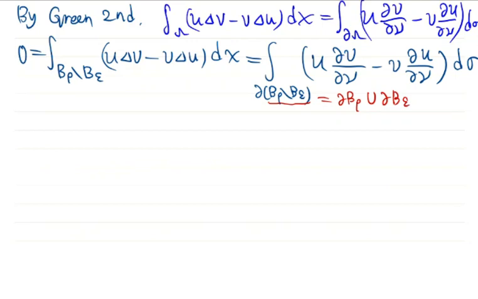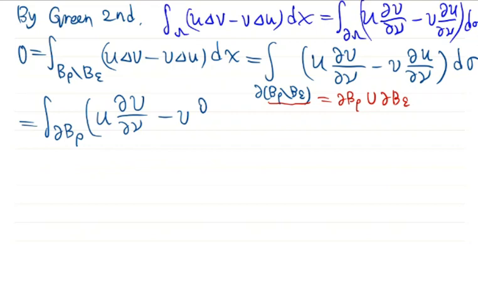So this surface integral can be divided into two integrals: the surface integral over the sphere of radius rho, plus the surface integral over the sphere of radius epsilon.